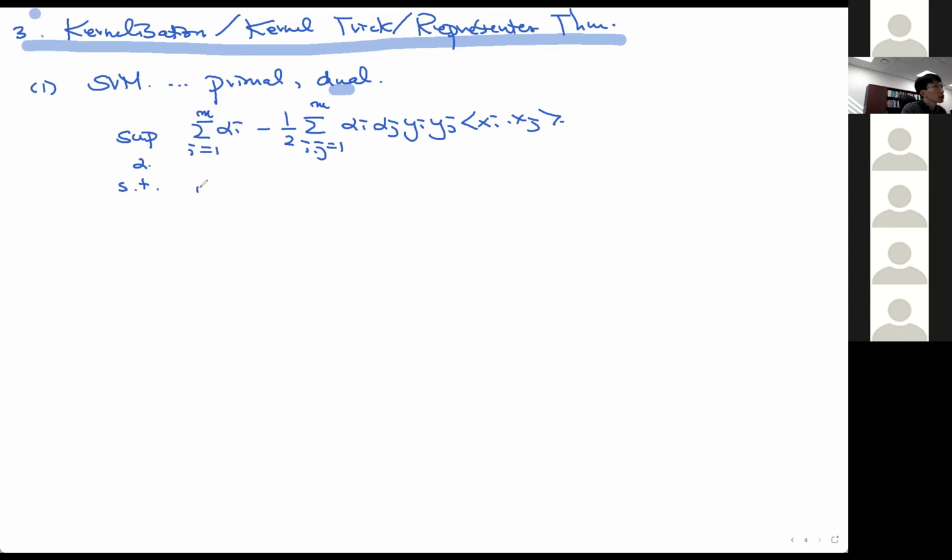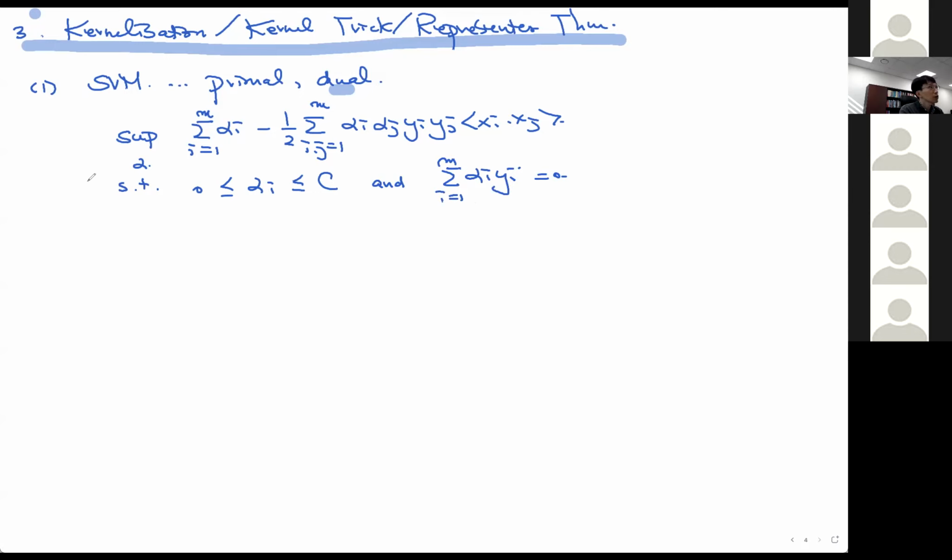The condition says each of these alpha_i should be in the range 0 to some constant C. This comes from the term that balances, in the primal form, the size of the weight or the slopes, and the empirical errors that come from the slack variable. But anyhow, there's just some constant C. The other condition is that if you add all alpha_i multiplied by y_i, it has to be equal to 0. So that's what we learned before.